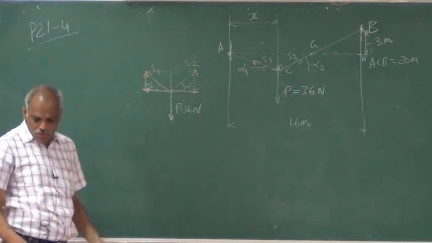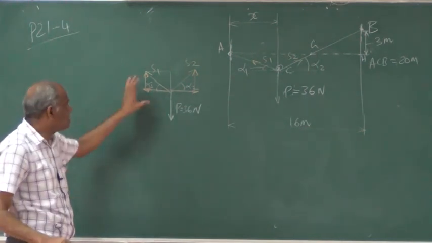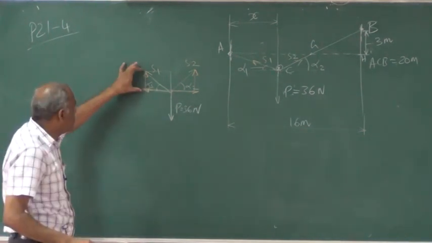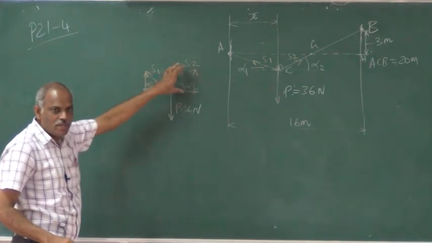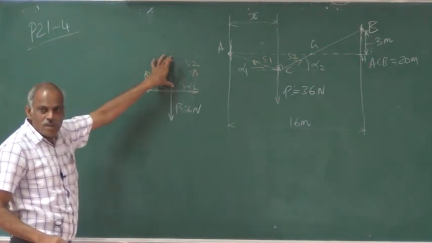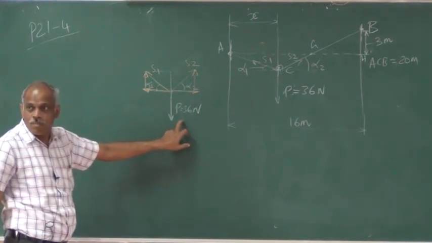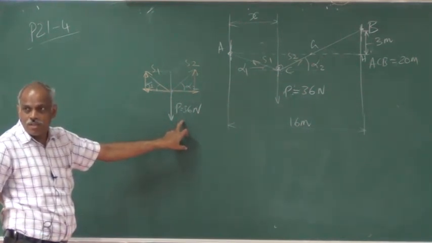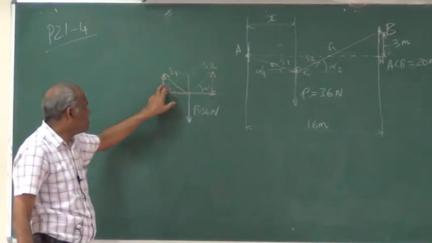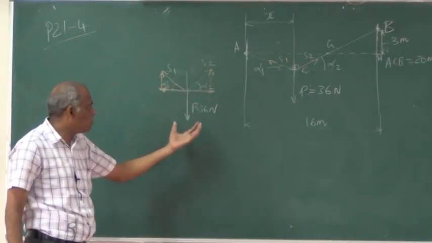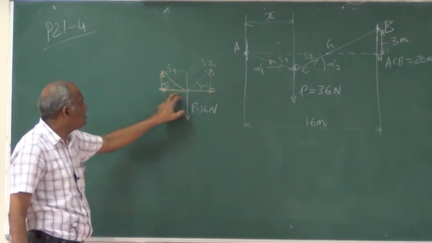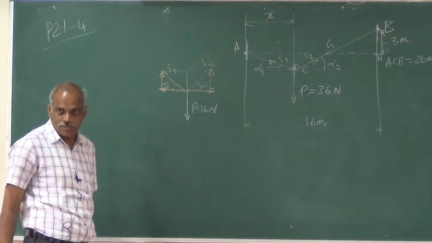The sum of the two vertical components will be equal to P, equal to 36. So that is the equilibrium force. The sum of these two will be producing the equilibrium force cancelling this. But what about the two horizontal components?